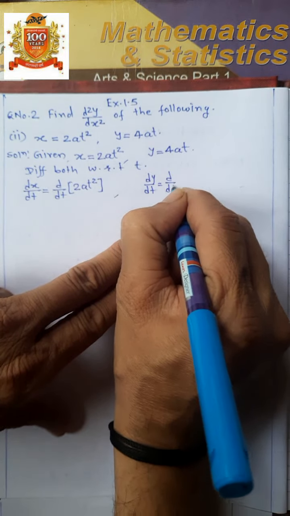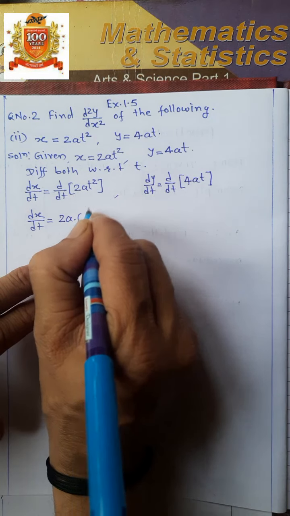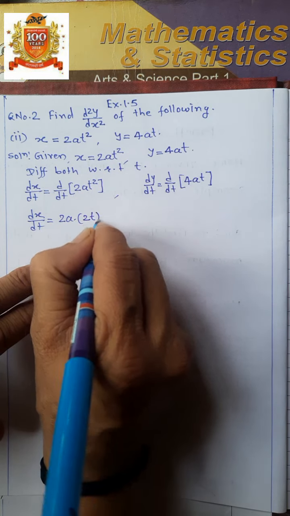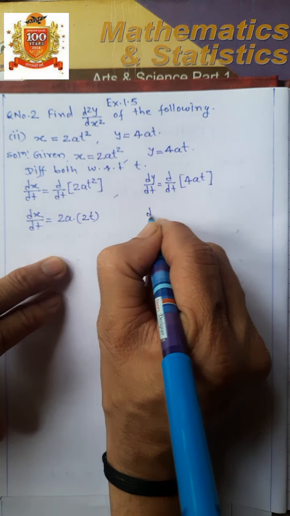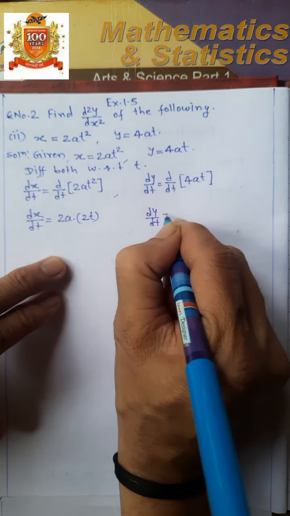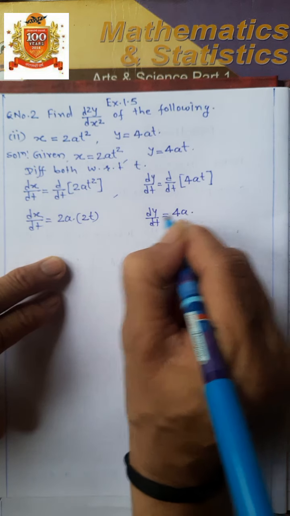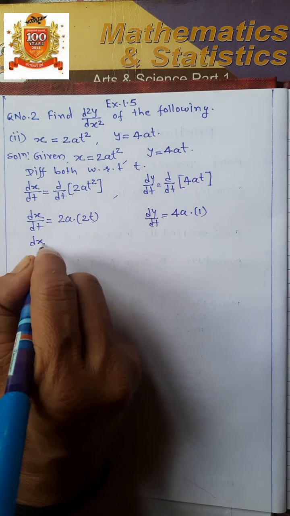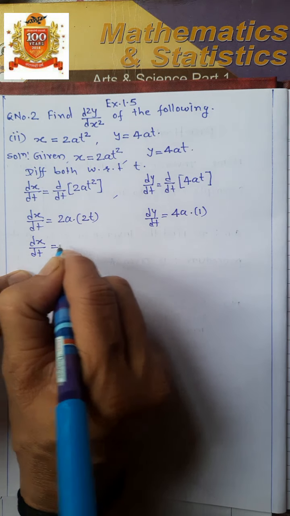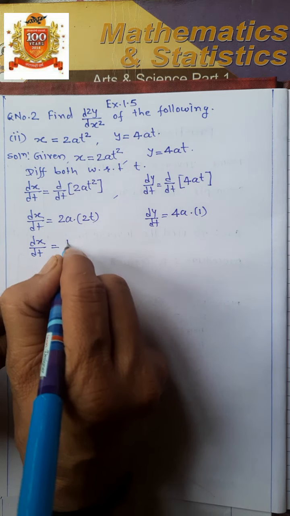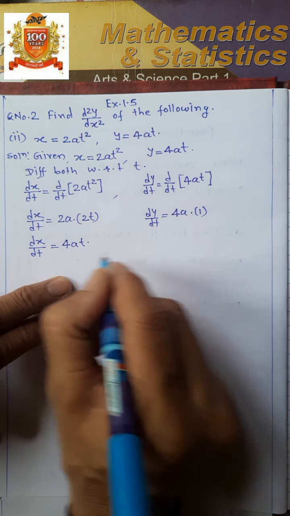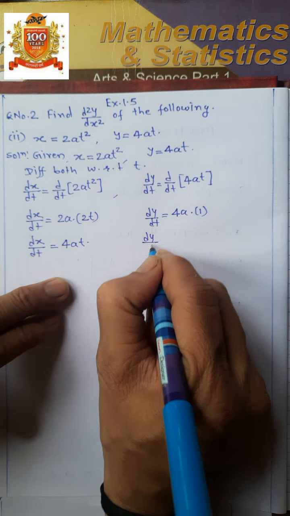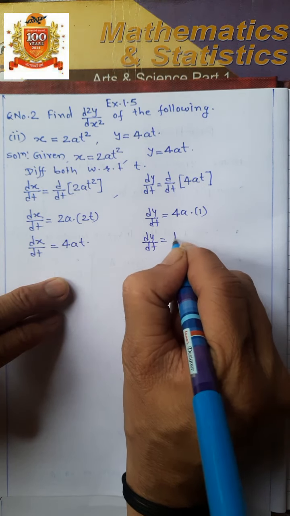dx by dt is equal to 2a constant, derivative of t square is 2t. Here dy by dt is equal to 4a constant, derivative of t is 1. Therefore dx by dt is equal to 4at and dy by dt is equal to 4a.